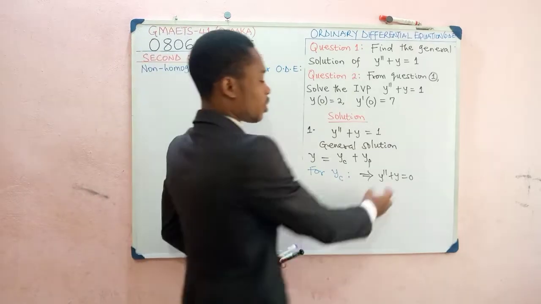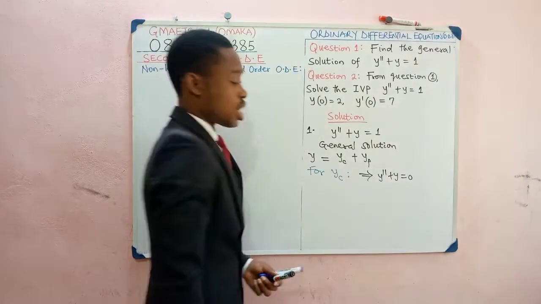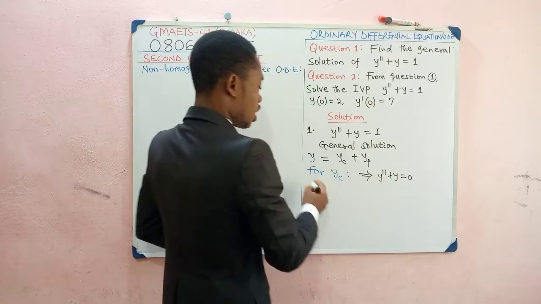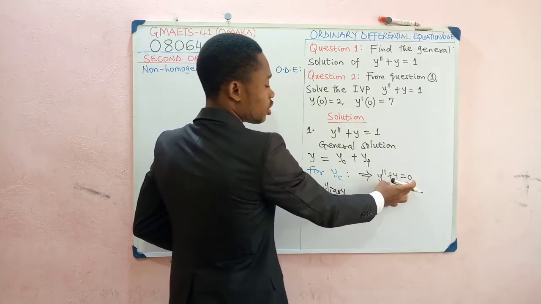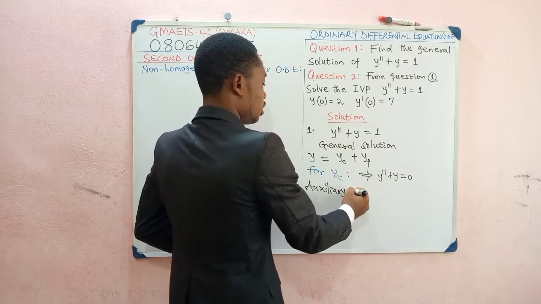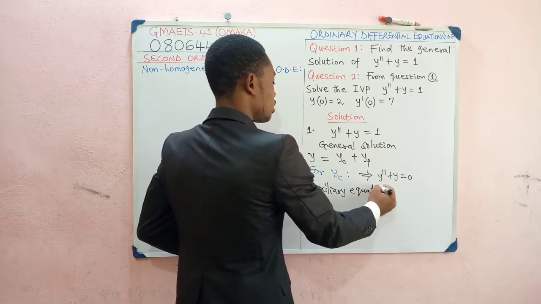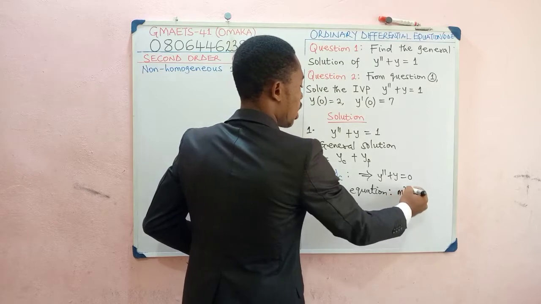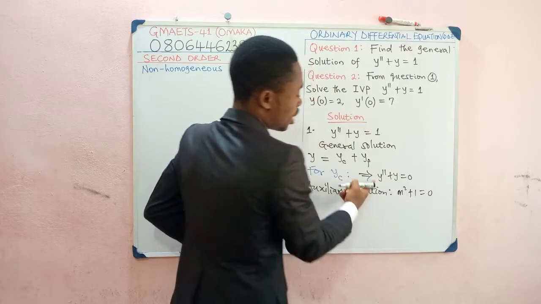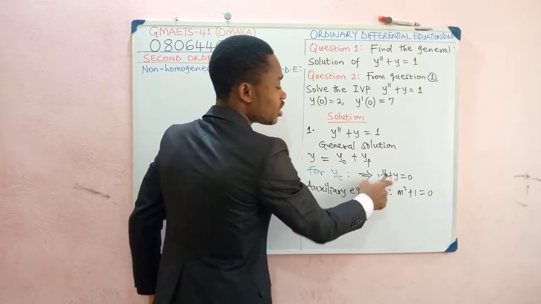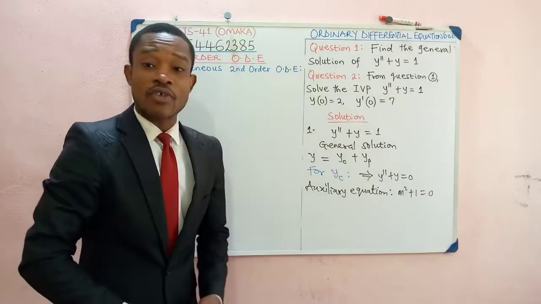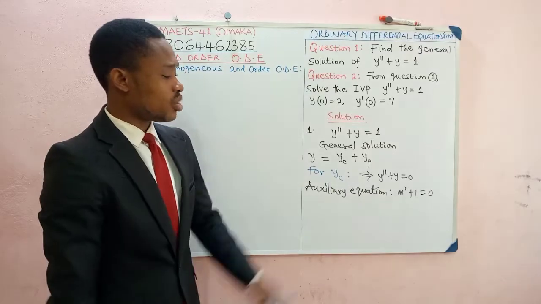From here we can get our auxiliary equation: n squared plus 1 equal to 0. Take note that the first derivative is not in this differential equation.